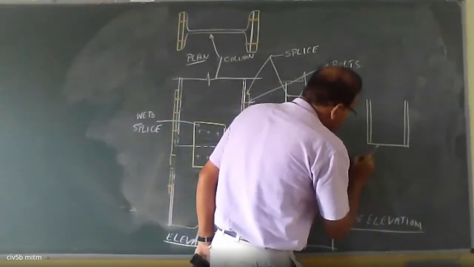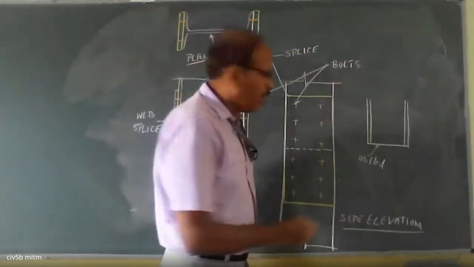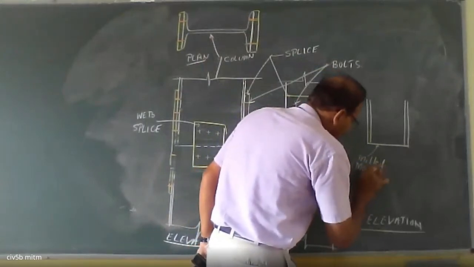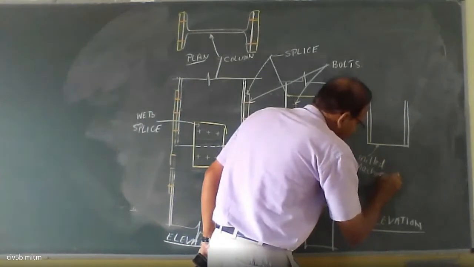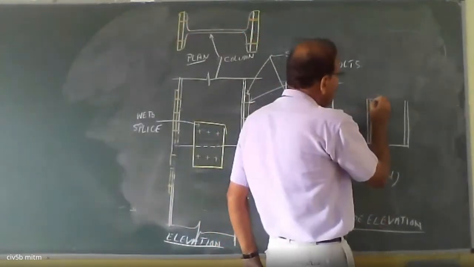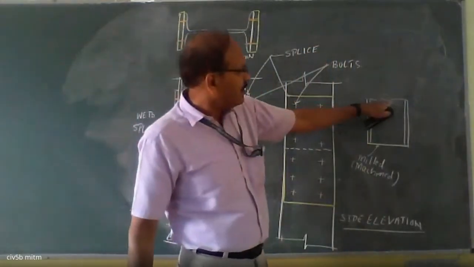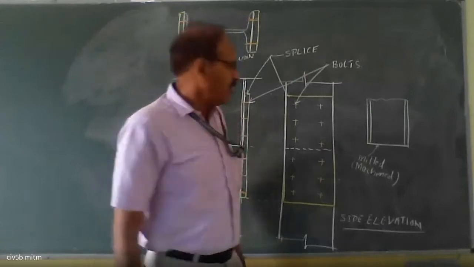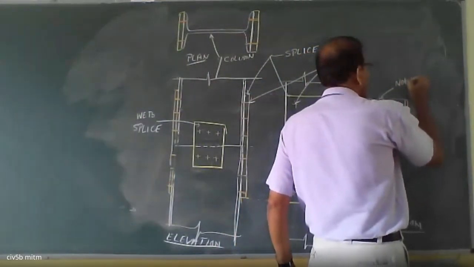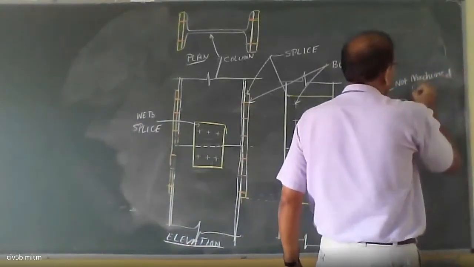This is called mill, or another name is machine. Sometimes the surface will be like this. Look here, it is not even. This is not machine or milled.